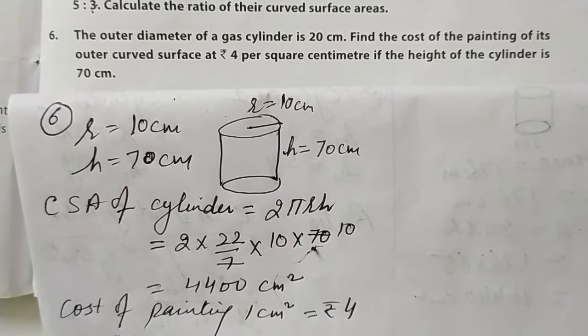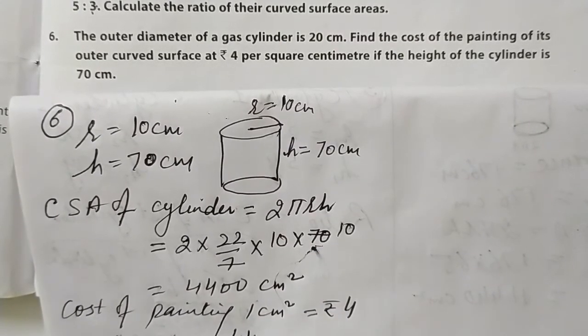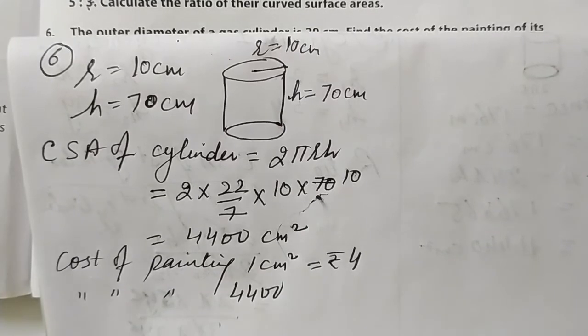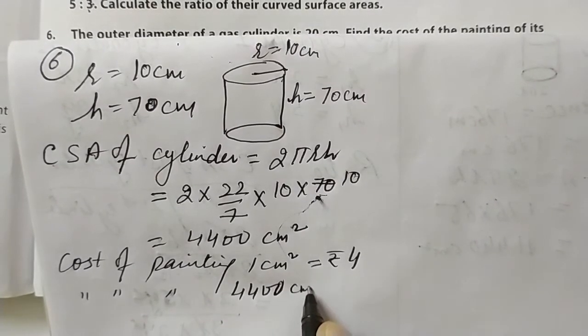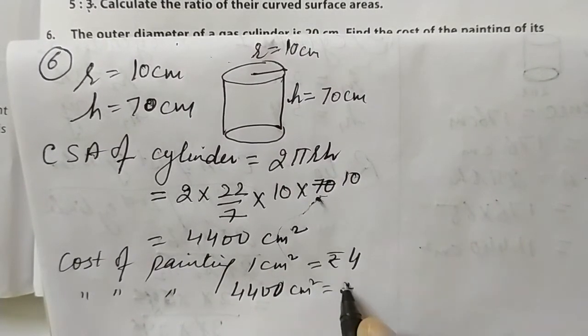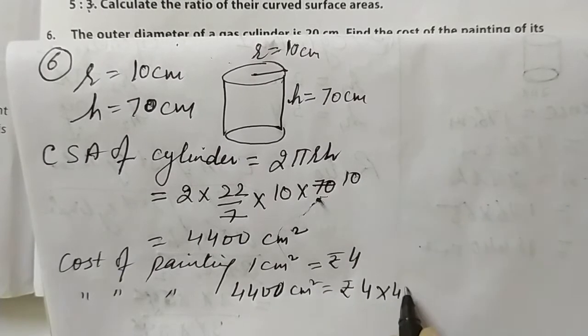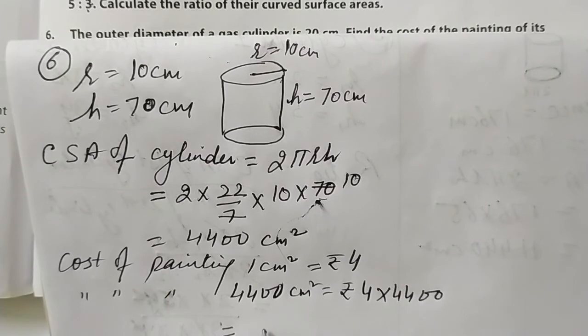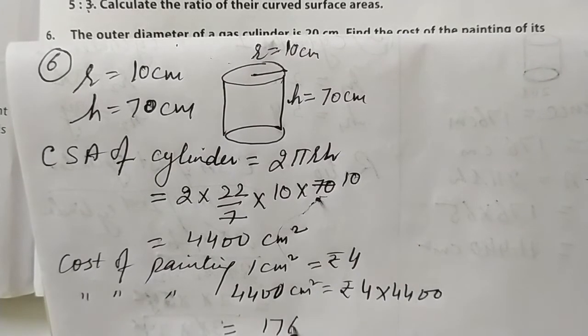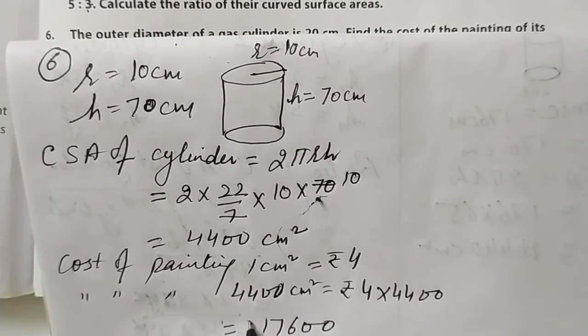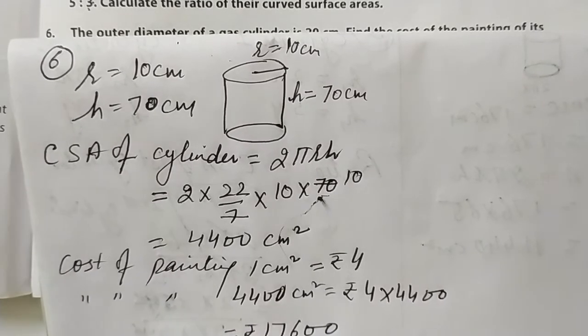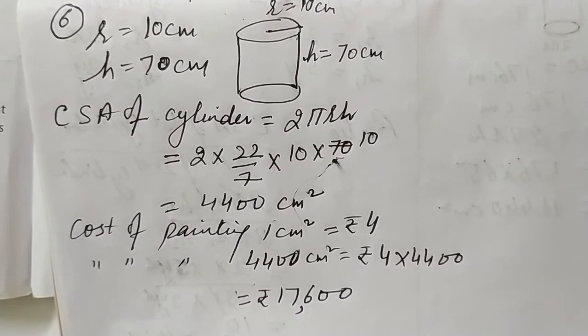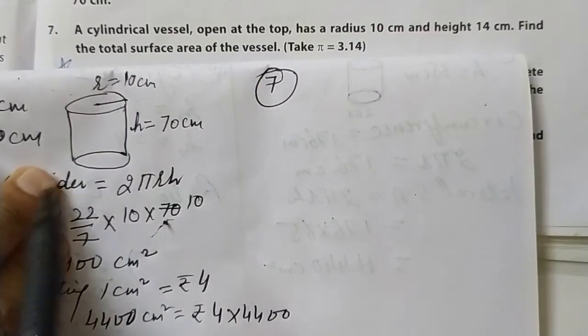So what is cost of painting 4400 centimeter square area? So you can multiply 4 with 4400. Okay, so we'll get the answer 176 and 00 rupees. So it is 17,600 rupees. Answer.